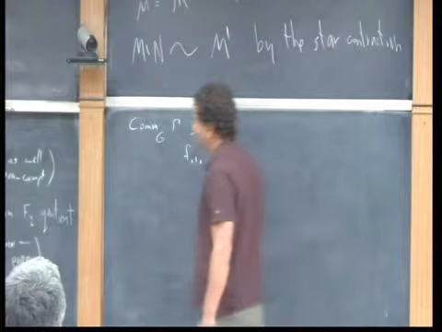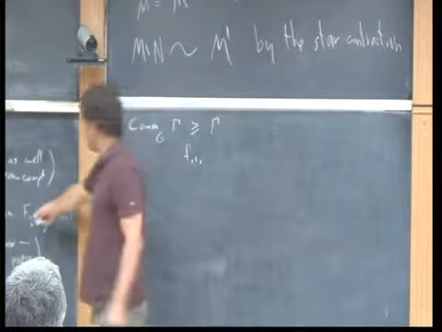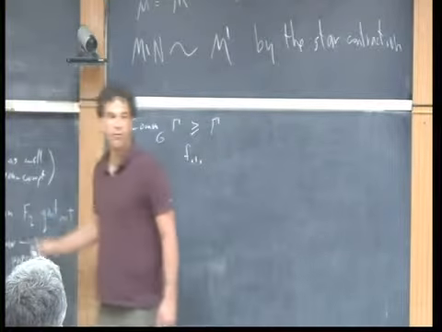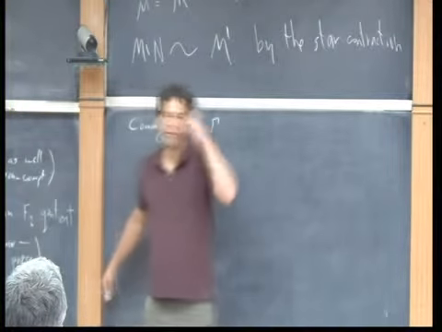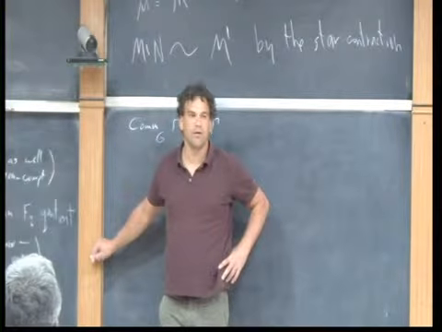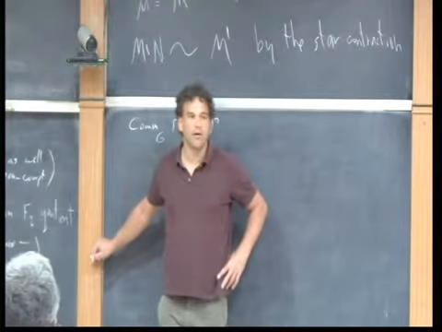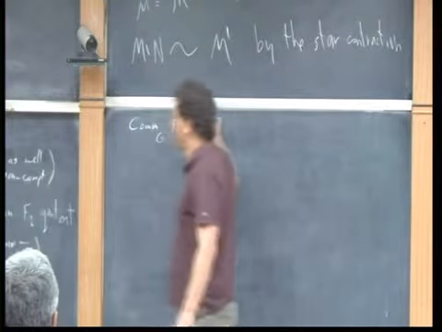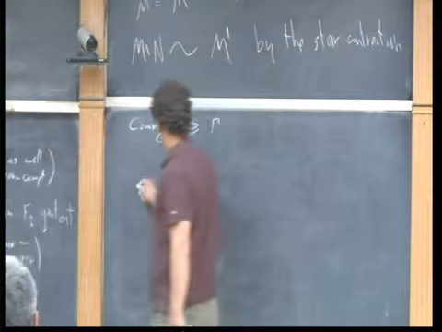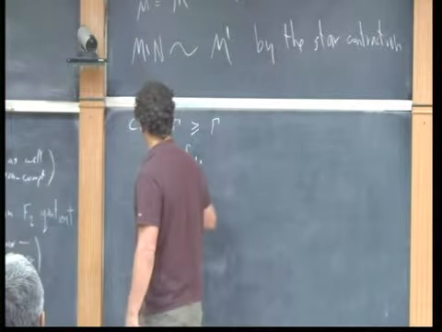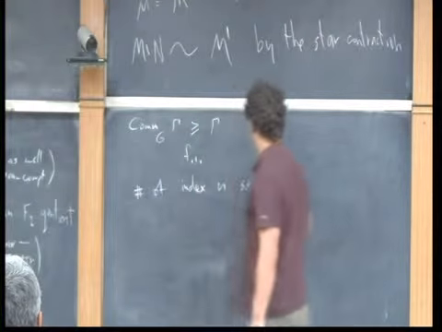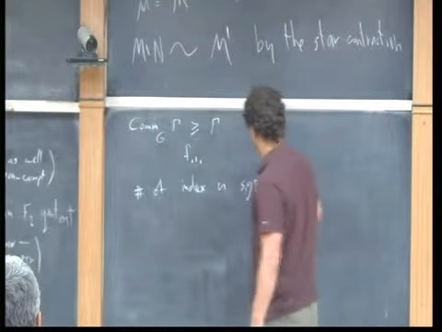So we know the number of subgroups of F2 of index n is something like n factorial, so it behaves like n to the n. This is known exactly, and it's not so hard to compute.